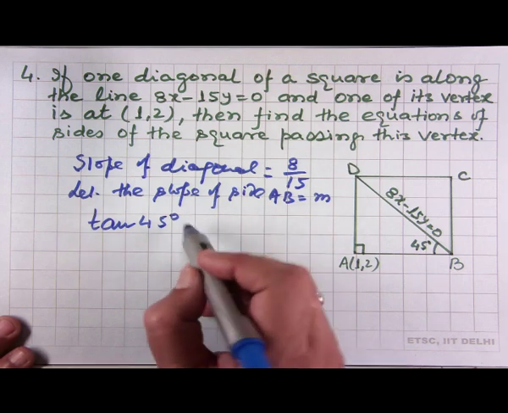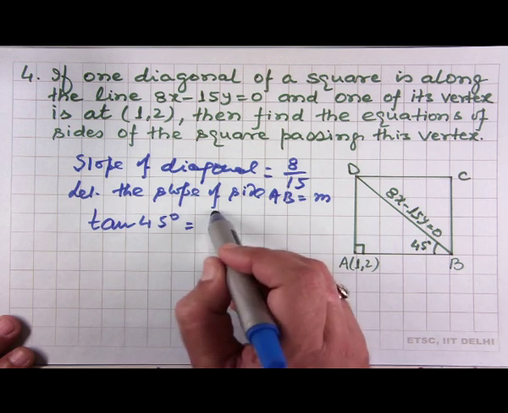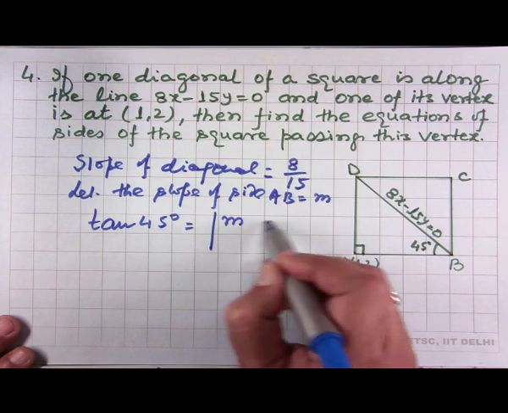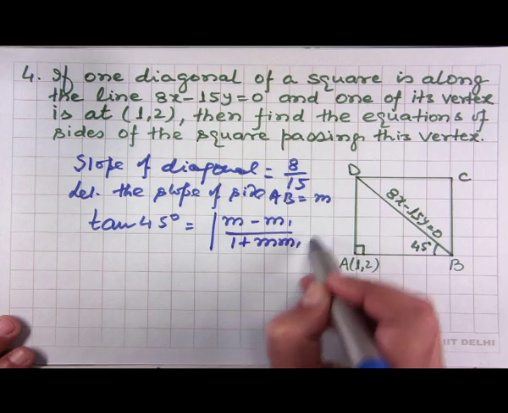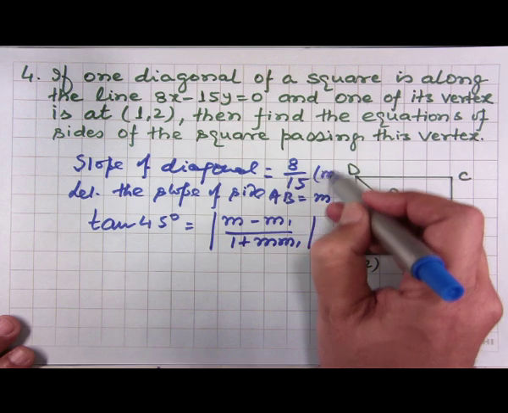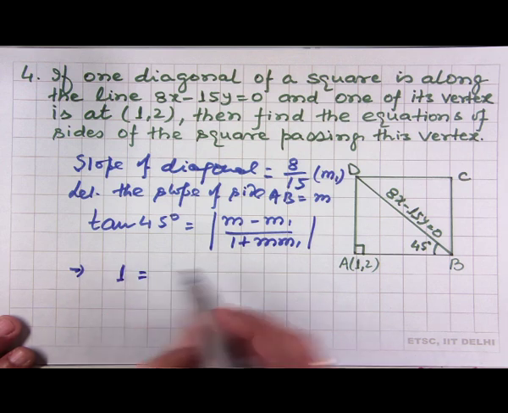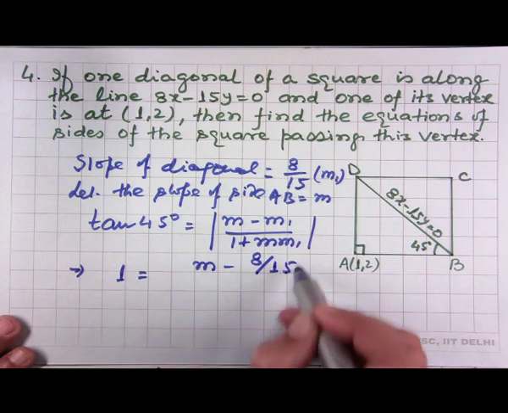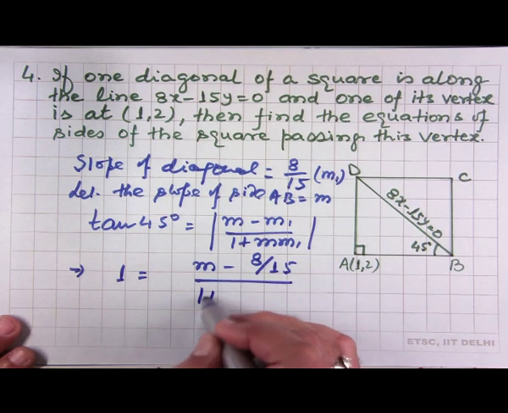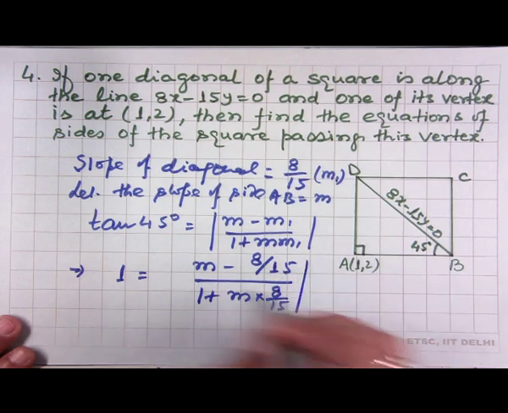So tan 45 degree is equal to, again, mod of (m minus m1) by (1 plus m m1). Say this is m1. So this implies 1 is equal to mod of (m minus 8 by 15) by (1 plus m into 8 by 15).